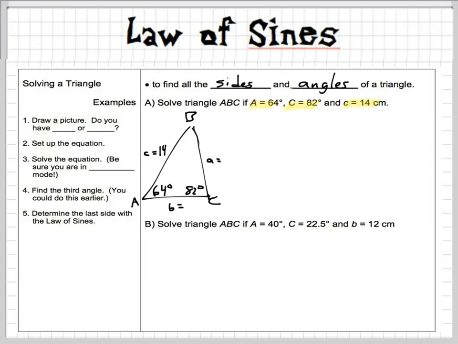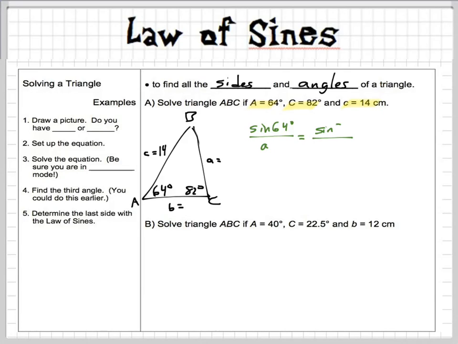Now, we have to use the formula here, the law of sines, so I'm going to set it up. We can't use the law of sines if we don't have a complete fraction, a complete ratio. Sine of 64 degrees is over, what's the opposite side of the 64? It's A, so I'm going to put A right there. Equals, well, let's do another one.